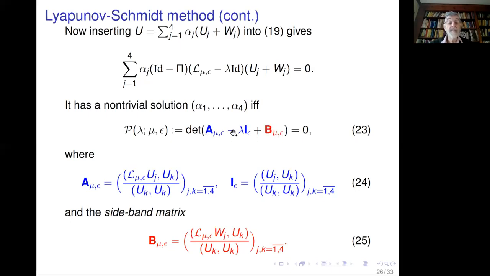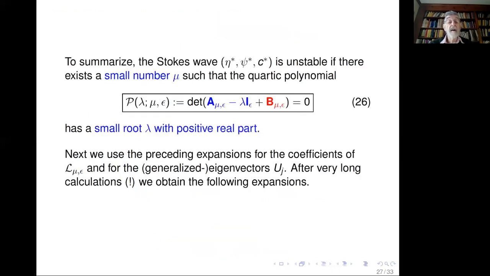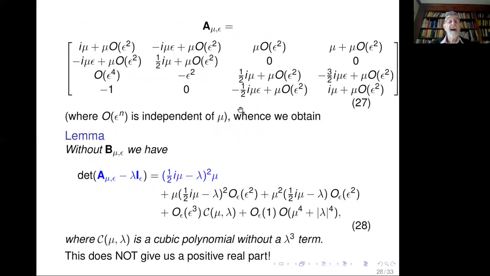Then we're looking at the eigenvalues of this 4x4 matrix. This is what we're looking for right here. And here's the matrix A without the sideband when you do the expansions. One has to work very, very carefully to get this expansion.